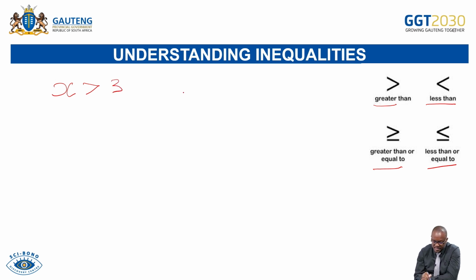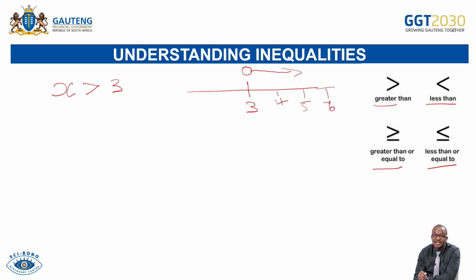If we were to represent it on a number line, we are going to say 3, then because it's only greater than, it means 3 is not included, hence we are putting our open circle there. Then it's greater, so it will go to positive infinity because it will be 4, 5, 6, up until positive infinity.